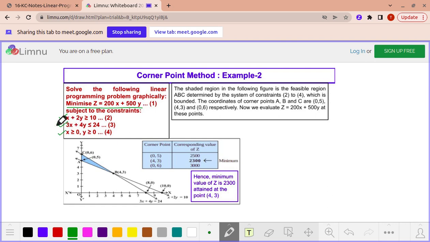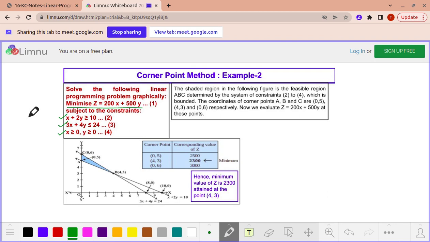In simple terms, we need to find the minimum value of 200x plus 500y subject to these inequations.